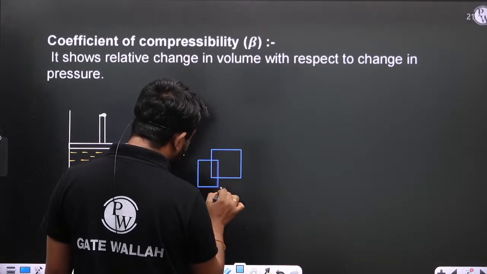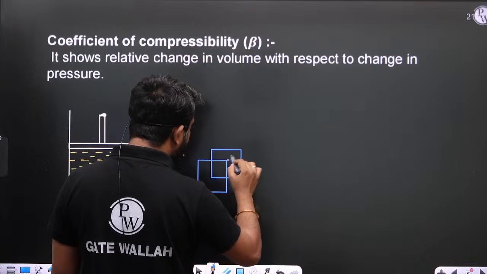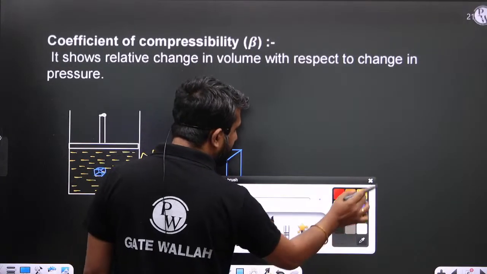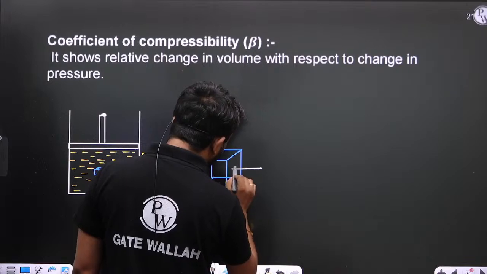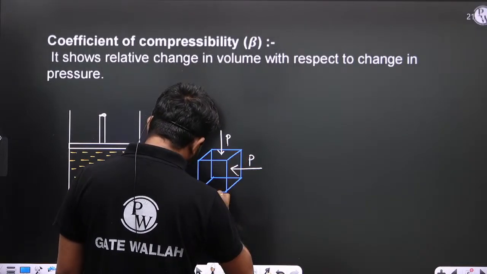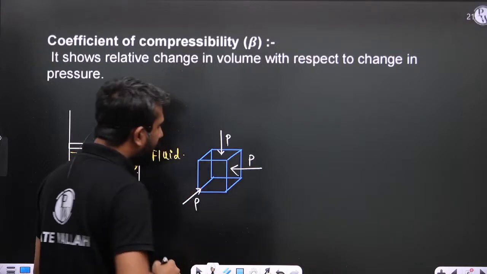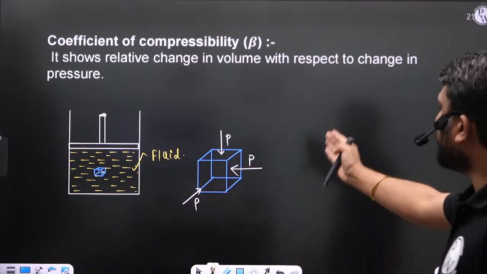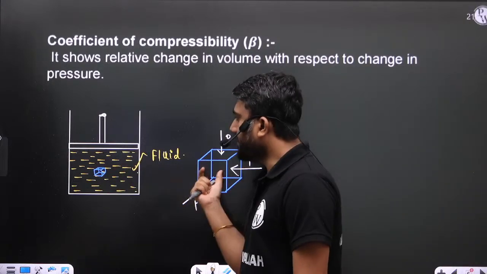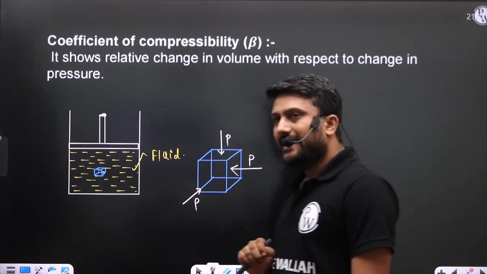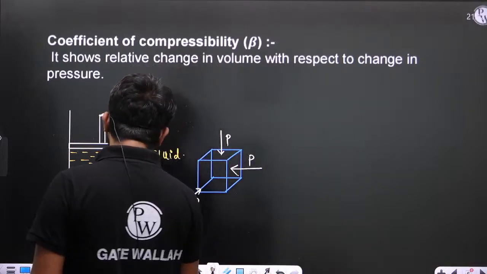This is subjected to pressure P, like this.